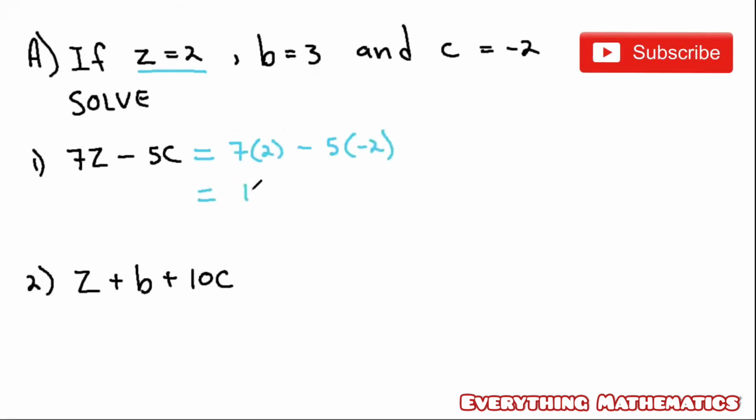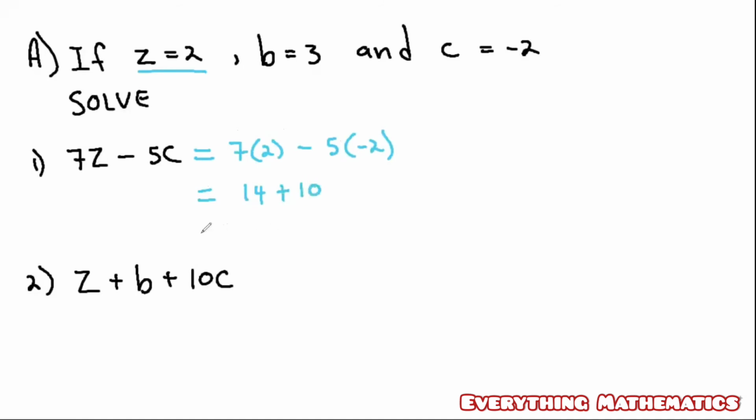7 times 2, that is 14, minus 5 times -2. 5 times -2 is -10, and minus this -10, with this negative here, will make it +10. Correct, right? And that's equal to 24. Let me write it in case you cannot see.